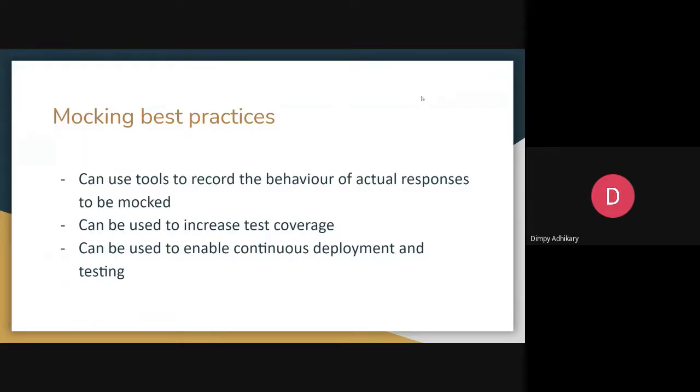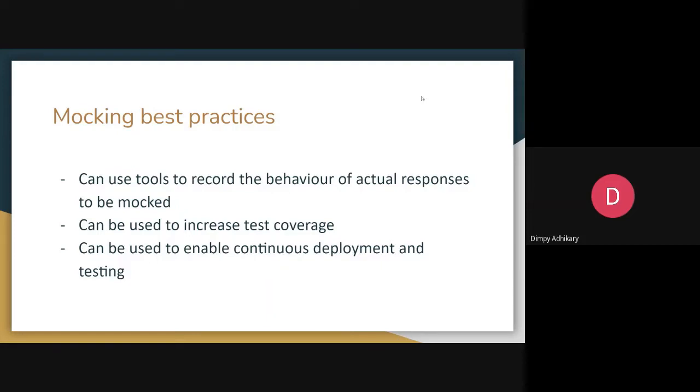And it always helps to increase our test coverage, because generally we need to test negative scenarios, and it may not always be possible using the real APIs, because this is costly. You may have so many negative scenarios, and suppose your real third party API has billing already added, so each call will be billed.